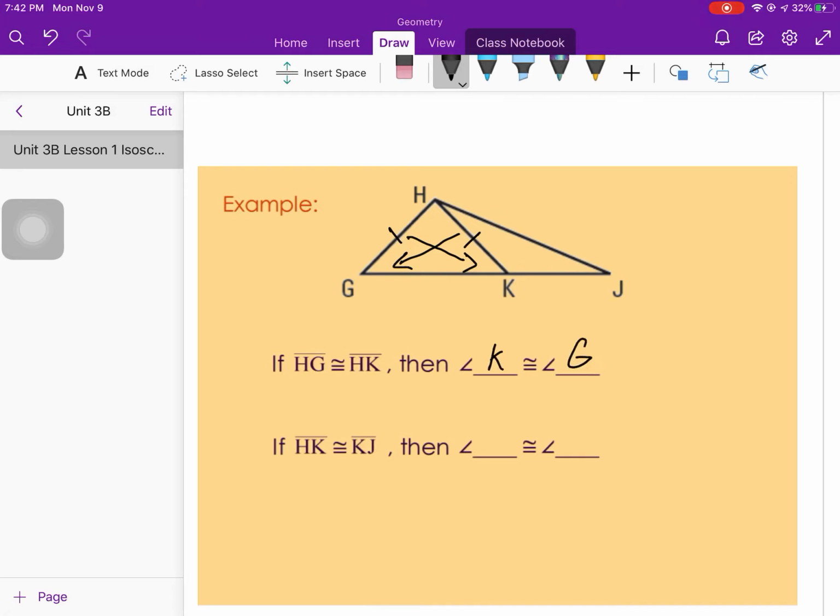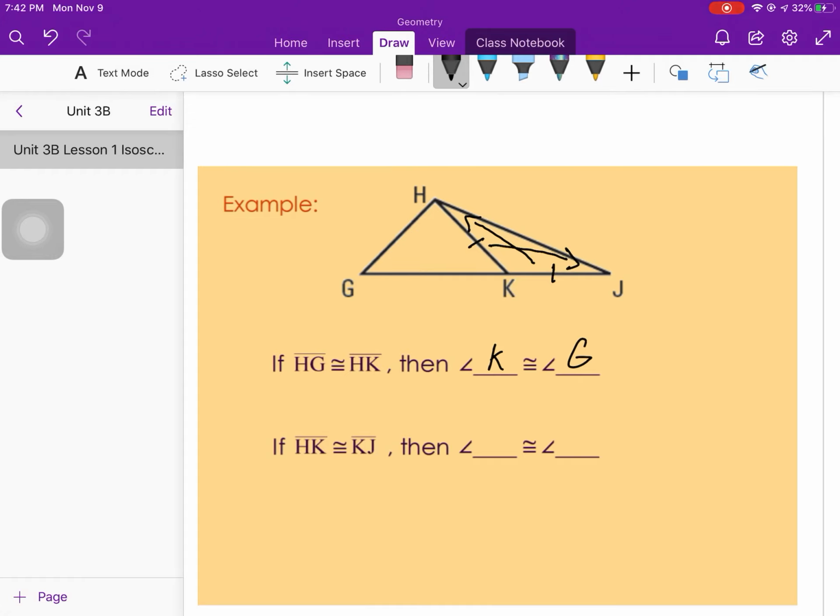The next one says if HK is congruent with KJ. So let's erase our marks from before. HK is this one, and KJ is this one. What you can think of for this one is if you were to tilt your iPad upside down, you might get a better visual, but it's actually this angle over here and this angle over here.